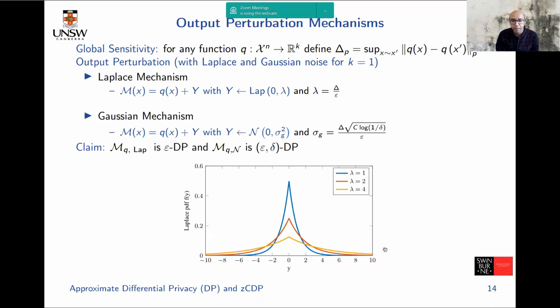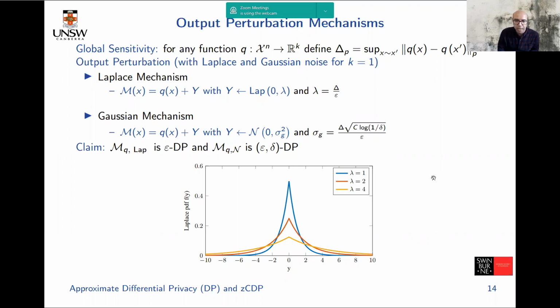So that's why we want to see if we can have a distribution with a lighter tail than the Laplace distribution, which we call, for example, sub-Gaussian.